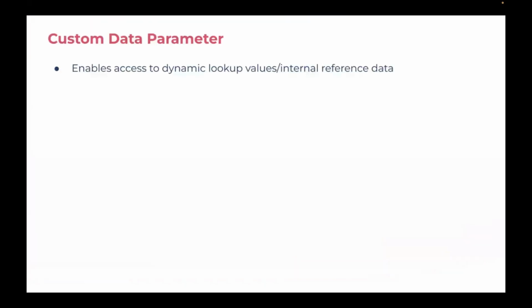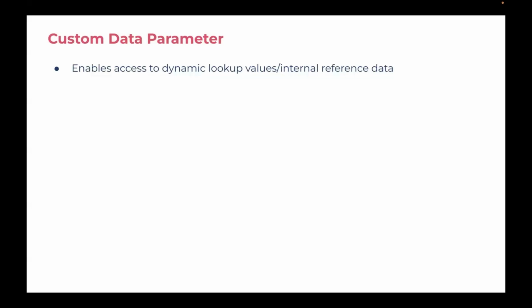Now, sometimes while processing documents, you might want to use dynamic lookup values or reference data from your internal systems. These systems could be your CRM, databases, a local file, or anything. But from these internal systems, there might be certain lookup values that you want to factor into your prompts, which will have an impact on the final output.